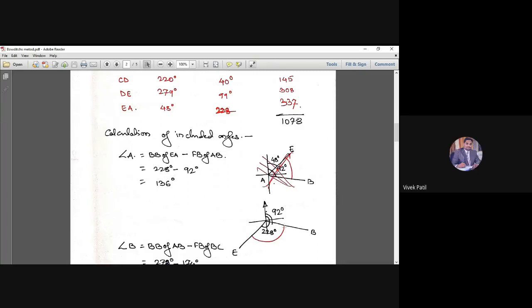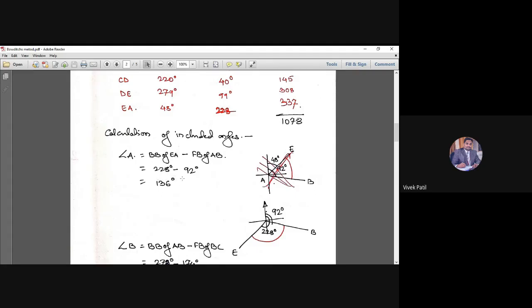No, tell me the formula. What will be the formula for this? 228 minus 92. But it will be back bearing of EA, isn't it? Back bearing of EA minus fore bearing of AB, that is 228 minus 92, it is 136. So it will be 136.